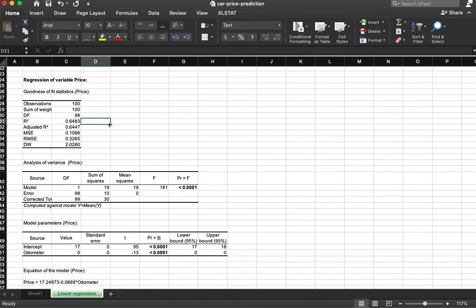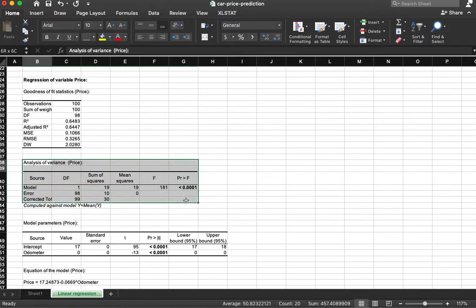Specifically, we're looking at the r-squared value. So that is the proportion of the variance in price that's explained by the model. The best value for r-squared would be 1, the worst is 0. So this is pretty good. It explains 64.8% of the variability in price. You can see regression variable is price here.